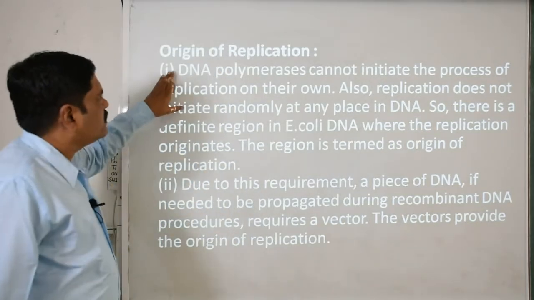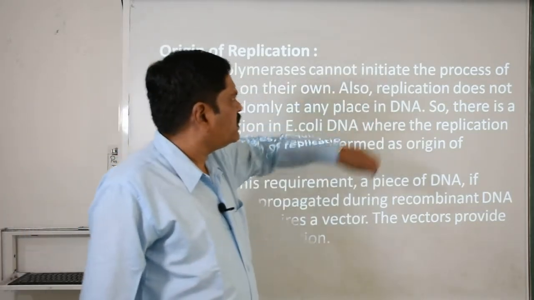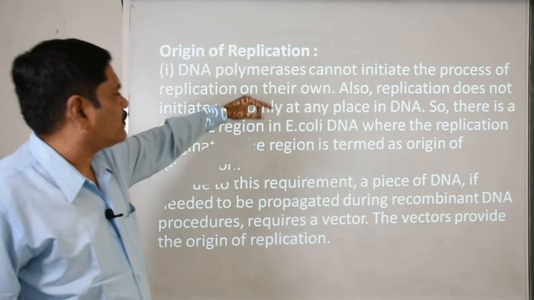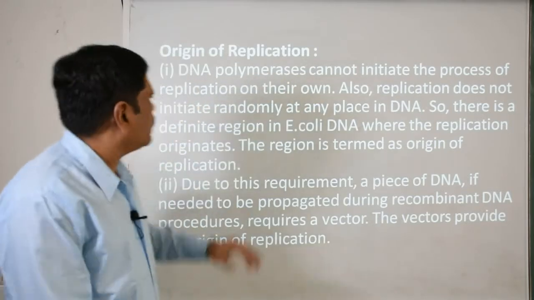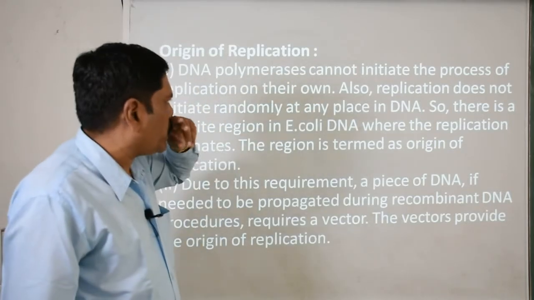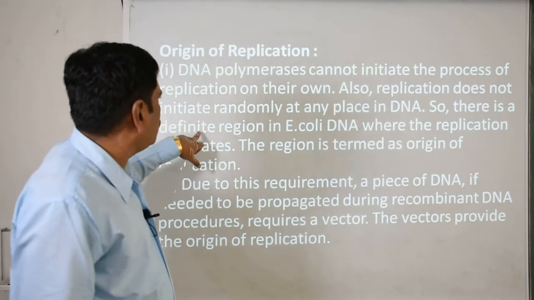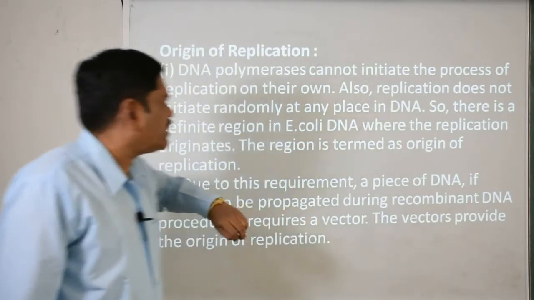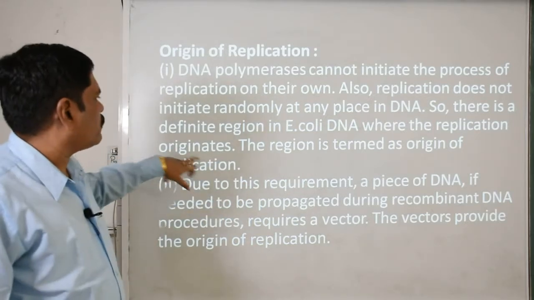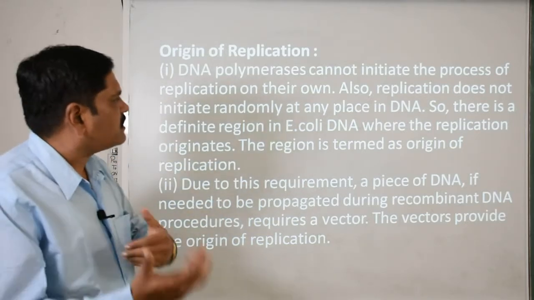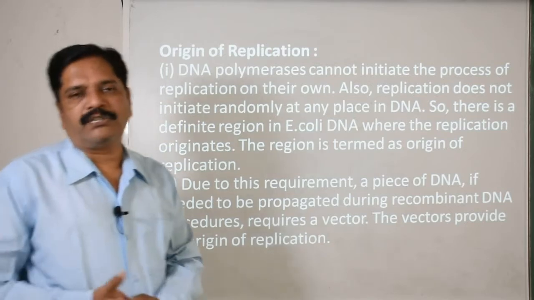Now here, DNA polymerases cannot initiate the process of replication on their own, and also replication does not initiate randomly at any place in DNA. So there is a definite reason. In E. coli, there is a specific site in the DNA where replication originates, and it is termed the origin of replication.